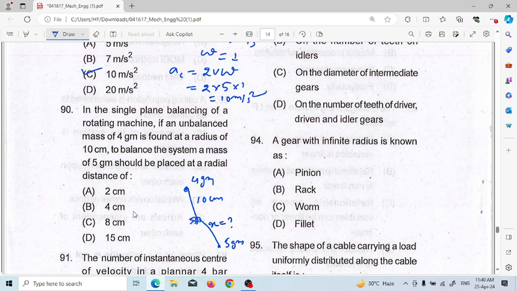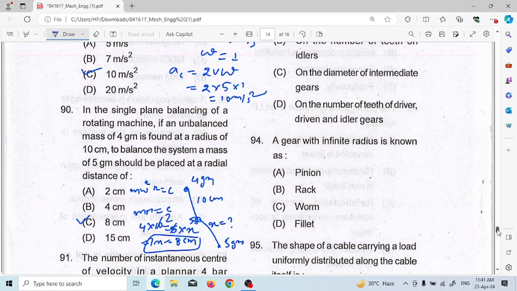We know the force balance m omega square r is equal to constant, so omega is constant, so m r is equal to constant. Mass is 4 gram and radius is 10 centimeter, which is equal to the balancing mass 5 gram and the radial distance x. So 5 is to 2, so x will be 8 centimeter. Option C is the correct answer.